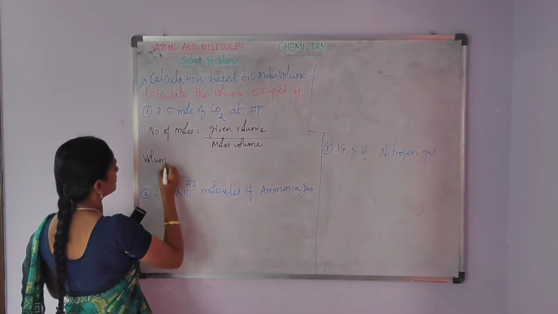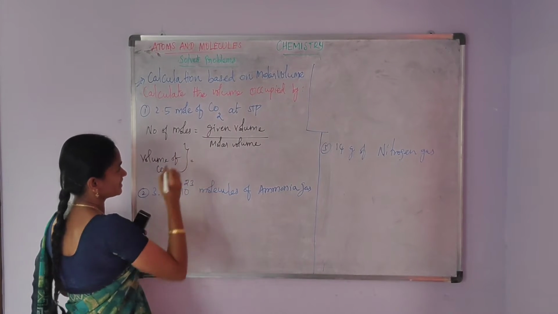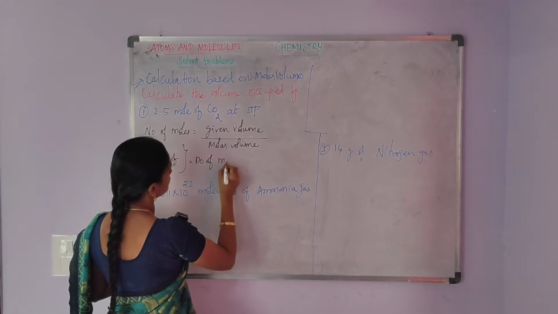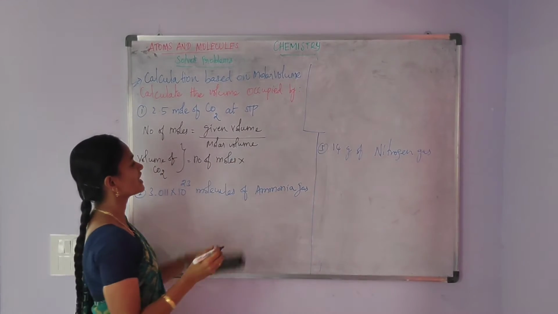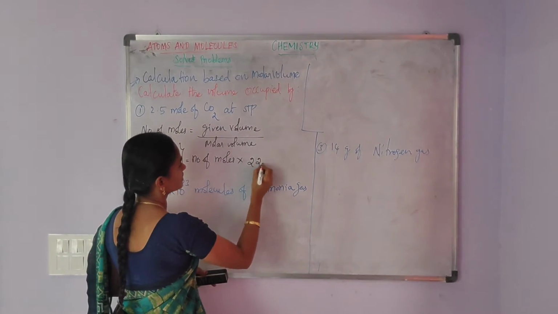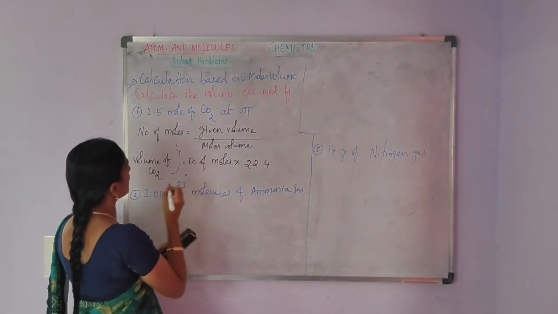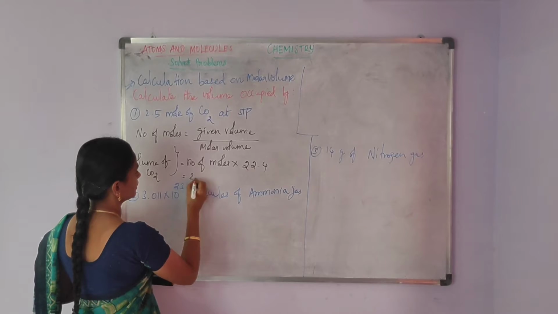So, volume of carbon dioxide gas at STP is equal to number of moles into molar volume, which is 22.4. Number of moles is provided, that is 2.5.